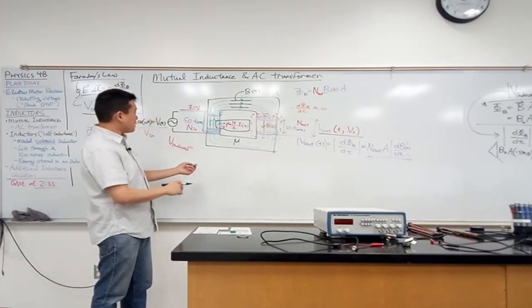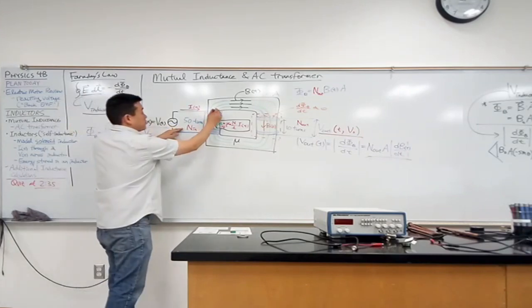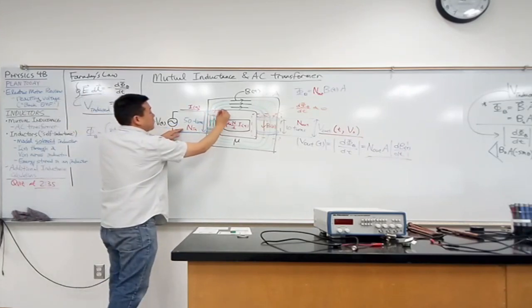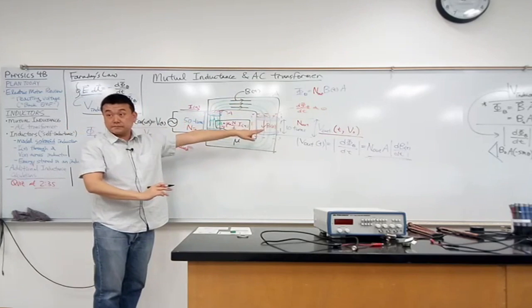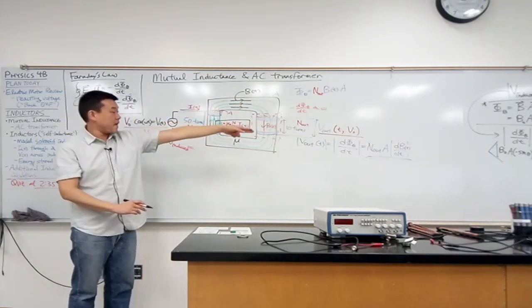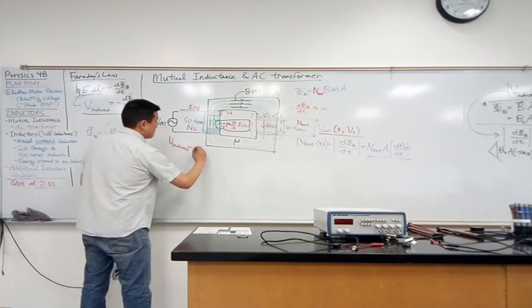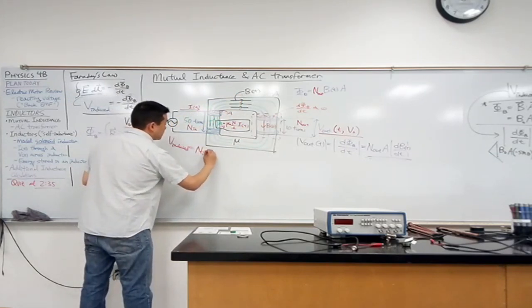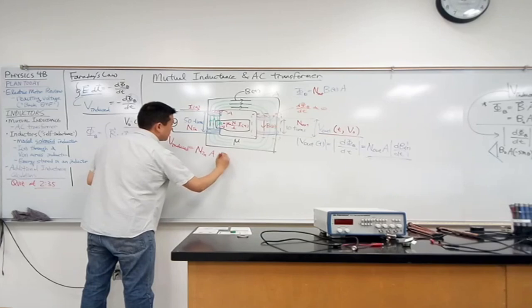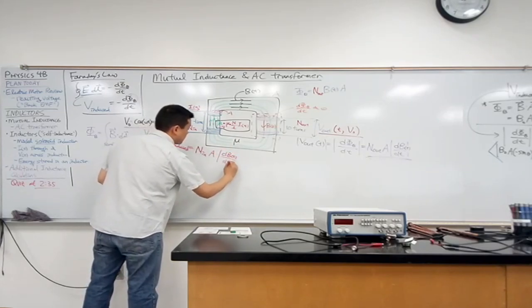Just swapping out some variables, it'll be N in times, we'll say that this area is the same area as the other case. So N in times area times the rate of change of the same magnetic field that's going through both of them.